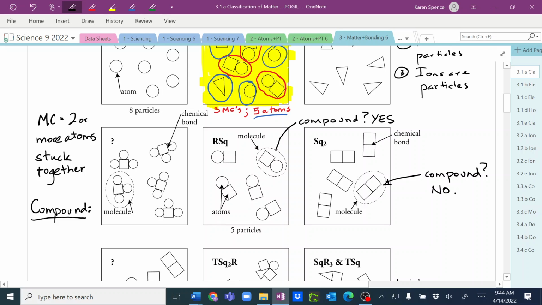Are both of those molecules? Yeah, both of them are molecules, right? I've got a molecule here, and I've got a molecule here. One of them is a compound and one of them is not. What makes it a compound, Ethan? Yeah, you have to have two or more different types of atoms stuck together. Yeah, two or more.